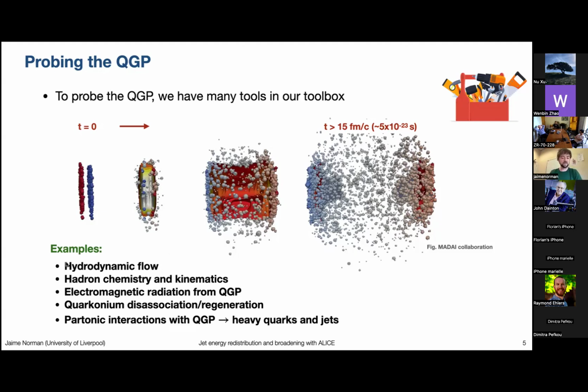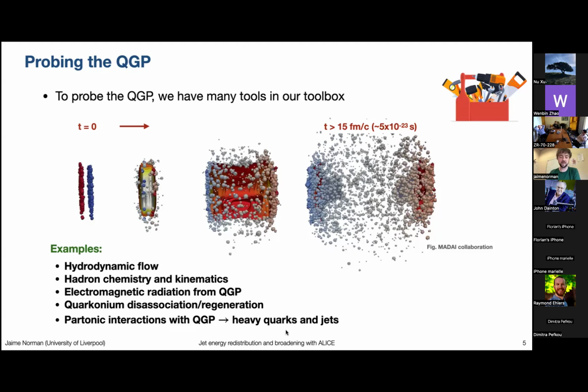We can measure electromagnetic radiation, and also quark-gluon dissociation and regeneration, which can tell us, for example, about its temperature. Or we can aim to measure partonic interactions within the quark-gluon plasma, which is what I want to talk about today.